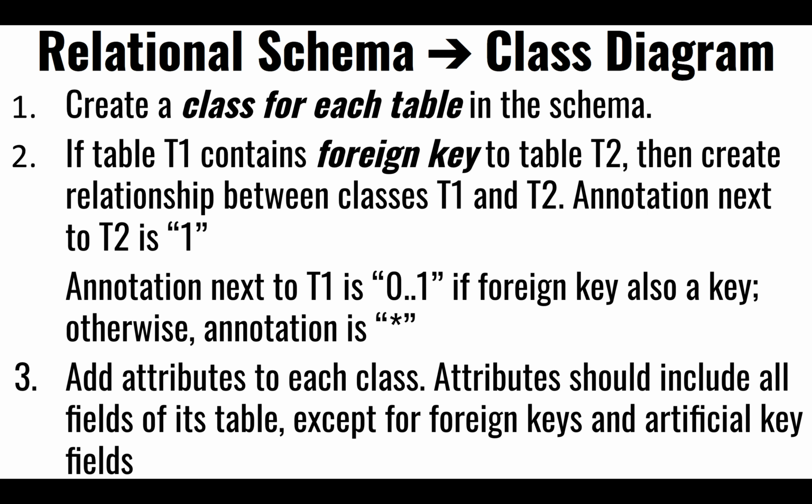The other step is that if table 1 has a foreign key, so we have table 1 and table 2, and there's a foreign key here referring to a primary key here, then these will be converted into the following classes, T1 and T2, from the first step.